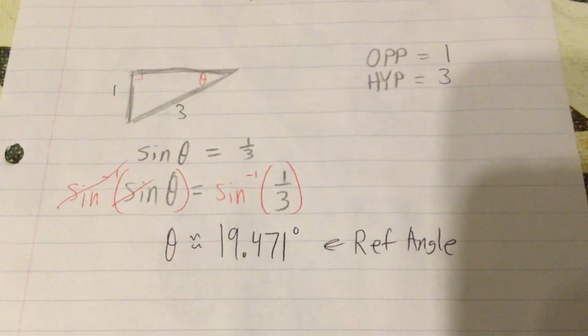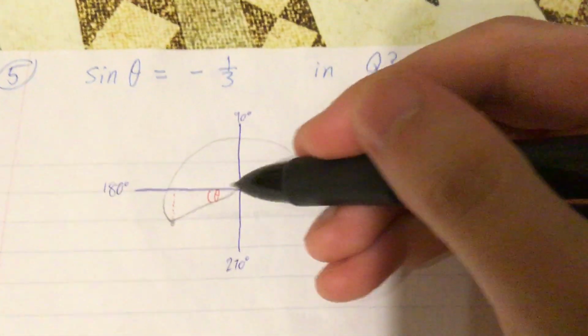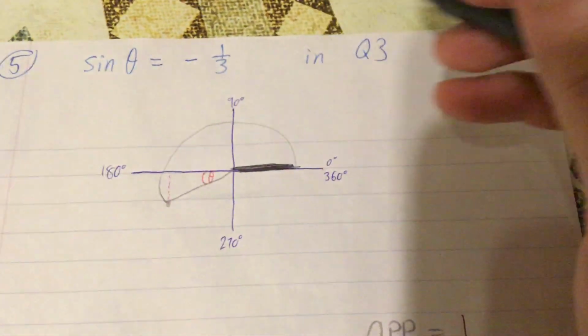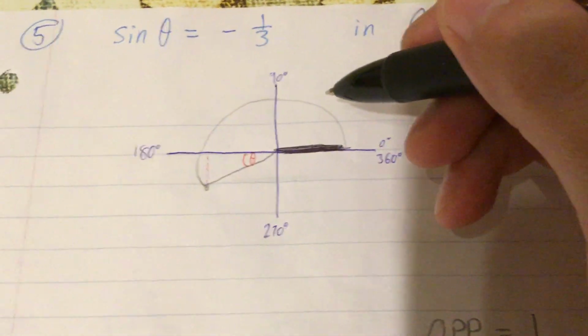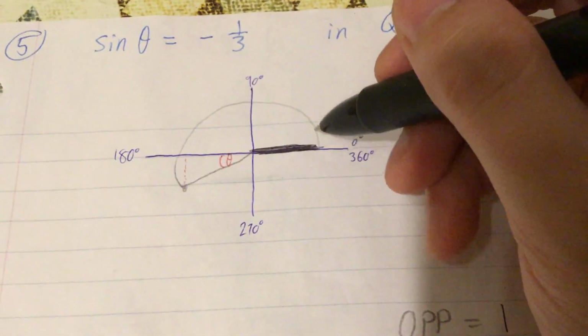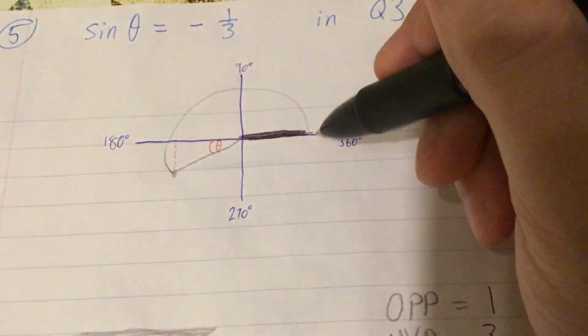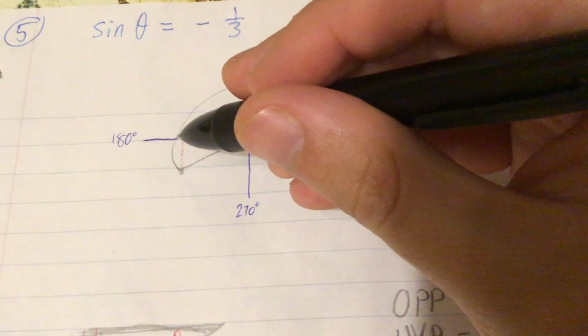Because we have our reference angle, we've solved for this angle theta, we can solve for the gray arc. Let's look at the quadrant 3 angle. The quadrant 3 angle is formed by combining 180 degrees with the reference angle.